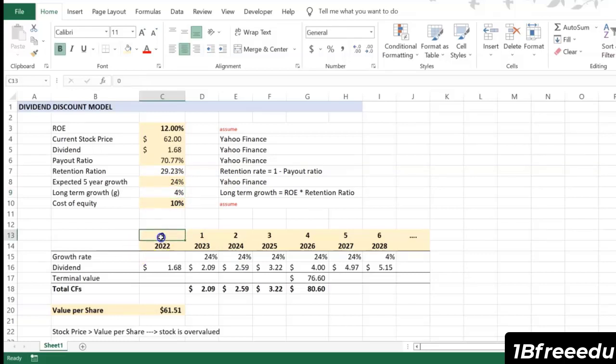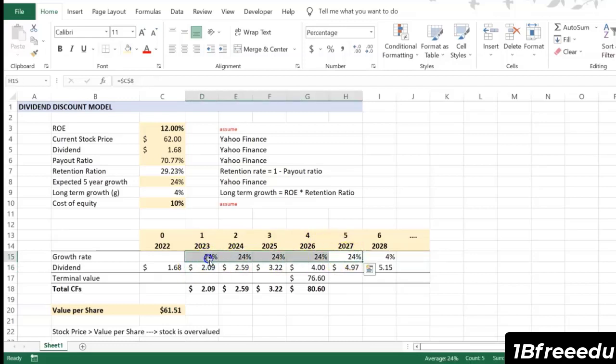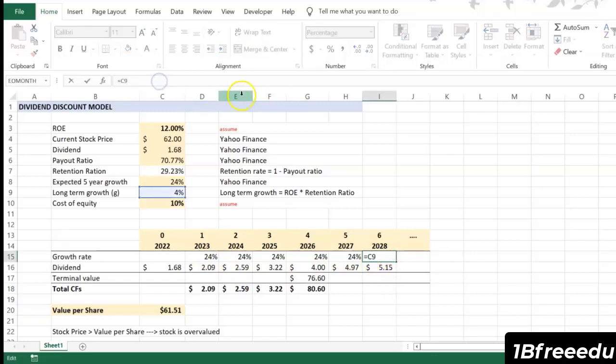And now we can set our table. We set our years. We are starting in year 0, which is 2022, and then we set the growth rate for each year. And we can copy this from the table above. For the years of 2023, 24, 25, 26, and 27, we have the same growth rate, and this is 5 years, and this is 24%. And for the 6th year, we have the long-term growth rate, which is 4%.